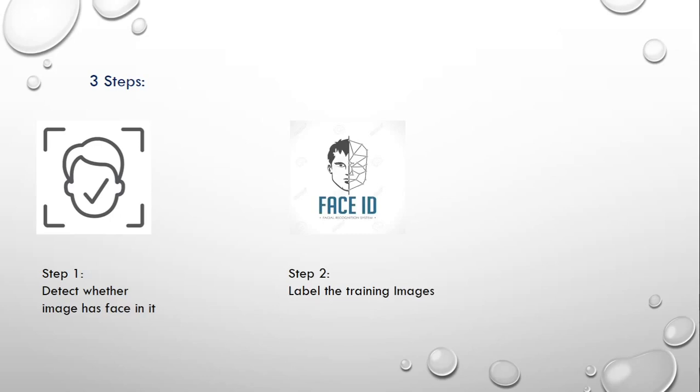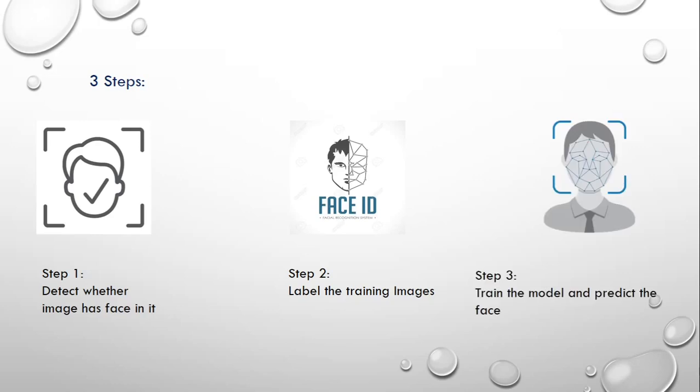The training data is images for this project, and we need to label this data because it is a supervised learning algorithm. The third step is we need to train the model and predict the faces. Once we label the training images, we load them to the model and we predict whose face it is. These are the three steps involved in our project.